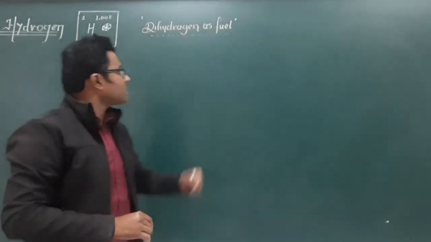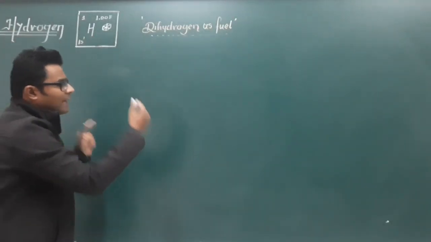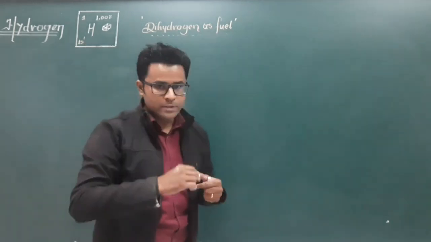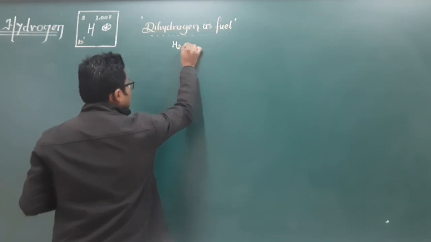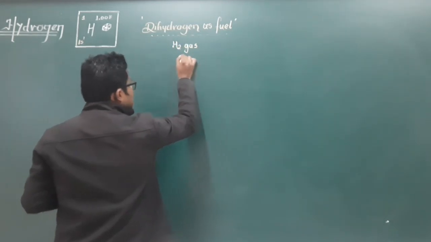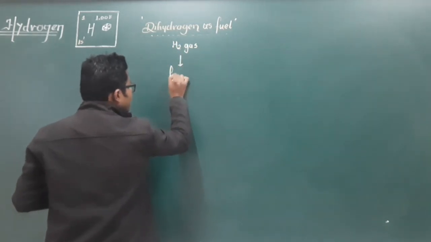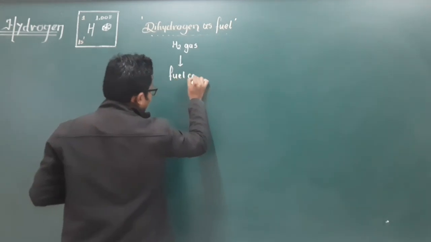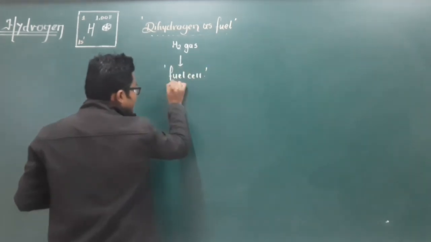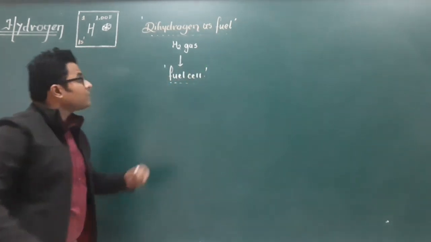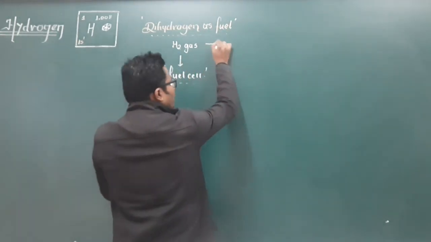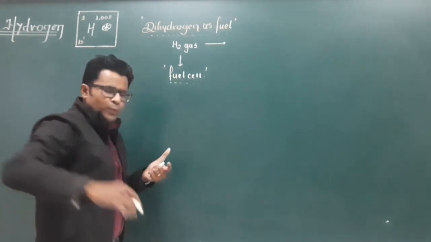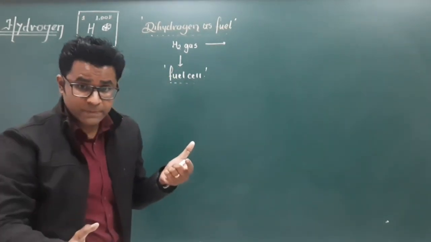Coming towards the next phenomenon, and that is called dihydrogen as fuels. So here usually the hydrogen gas is used in the fuel cells. Okay, now it is used in the fuel cells because whenever we take hydrogen and we burn it, we supply energy.